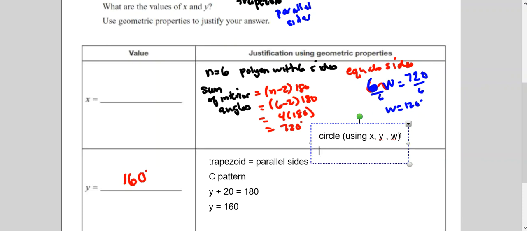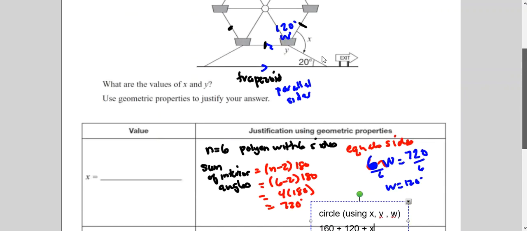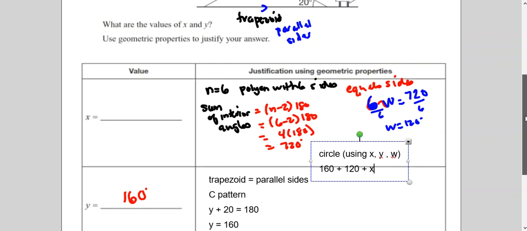Now we can say that 160 plus the 120, because that was the inside, plus my x, because if I look back up here, x is on the outside, is going to get me 360, because it's a circle.